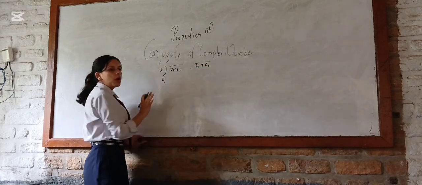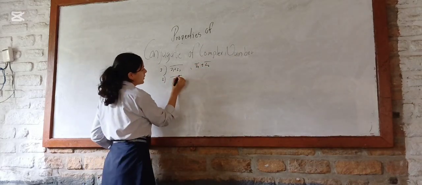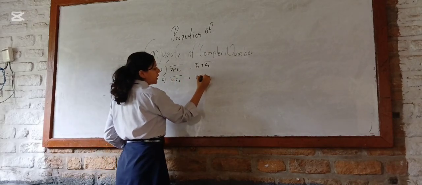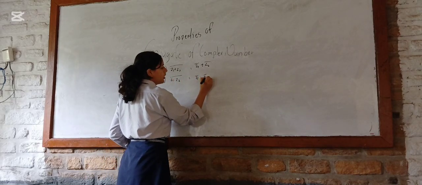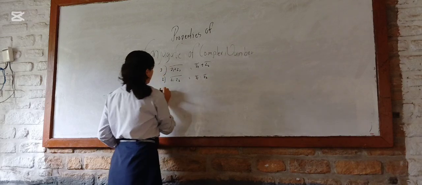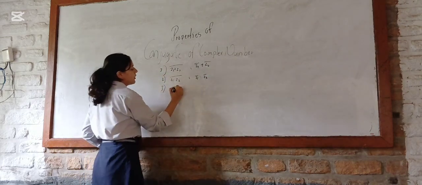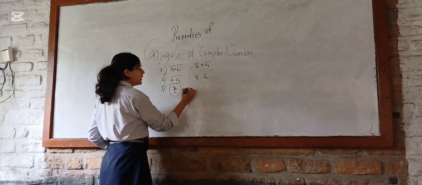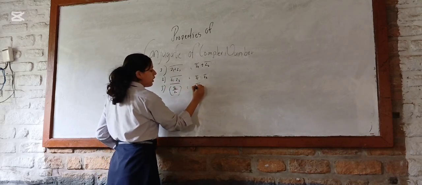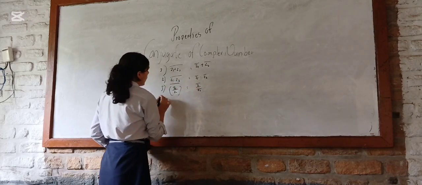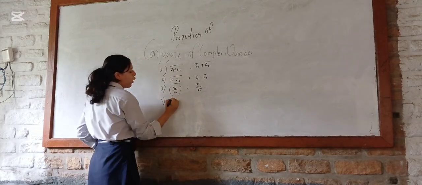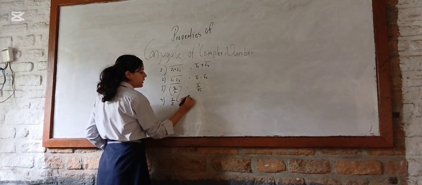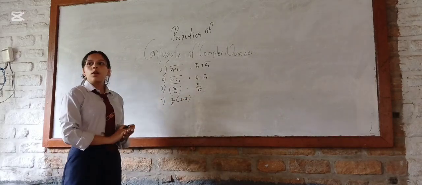Similar to the first property, the second property is that the conjugate of the product is equal to the product of their conjugates. The third property is that the conjugate of their quotient is equal to the quotient of their conjugates.